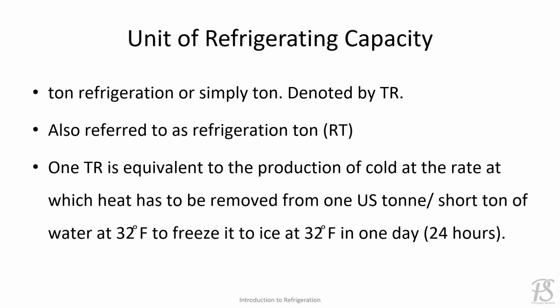The roots of refrigeration are in the ice making industry, and the ice manufacturers wanted an easy way of understanding the size of a refrigeration system in terms of the production of ice.